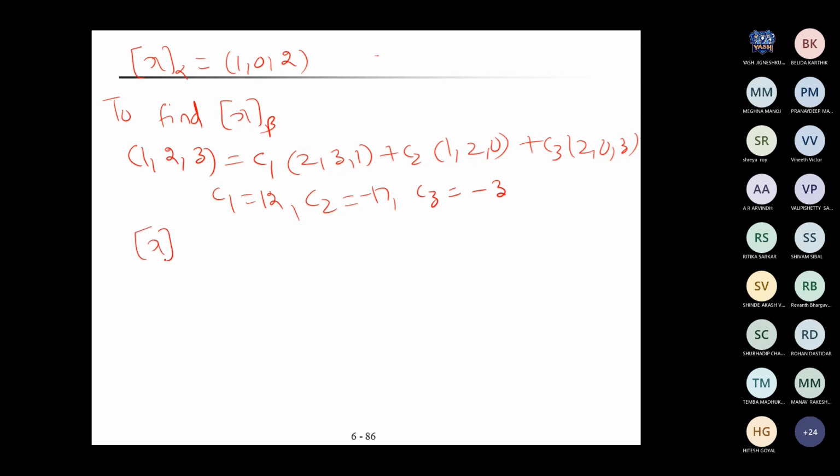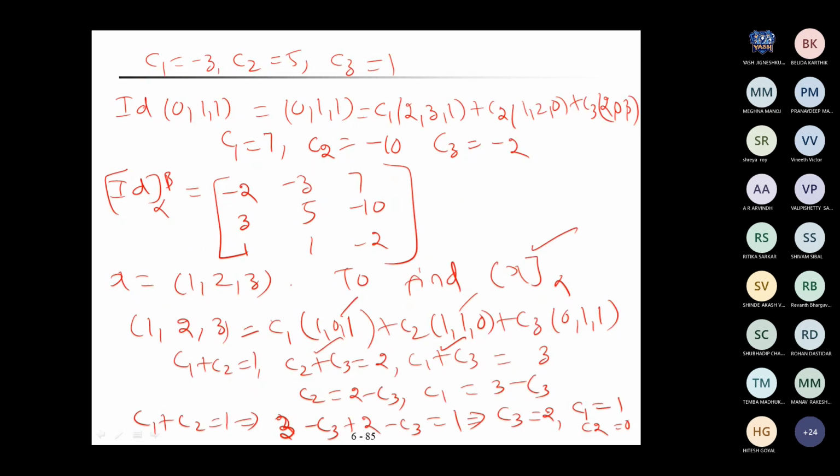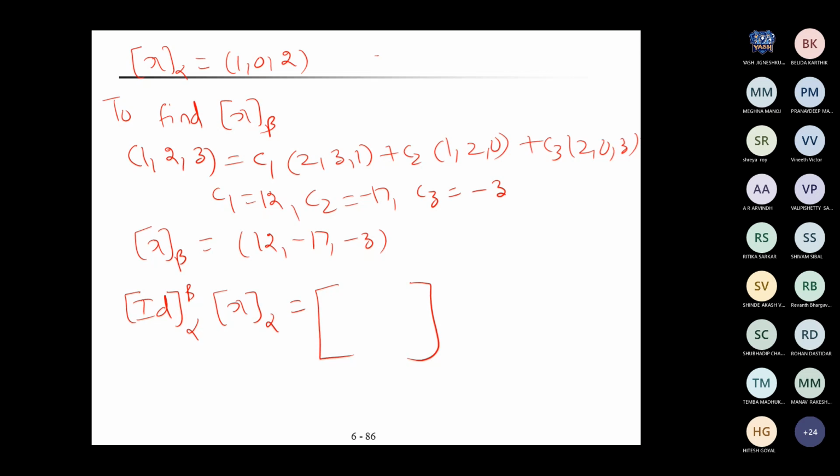So x with respect to beta is 12, minus 17, minus 3. See, I need to multiply these two things. ID alpha to beta with x alpha I have to multiply so that I should get x beta, right? So you remember what is ID alpha to beta? -2, minus 3, 7. Second row 3, 5, minus 10.